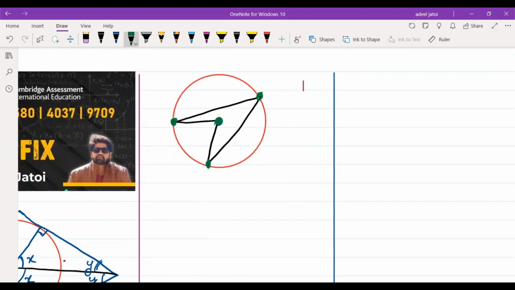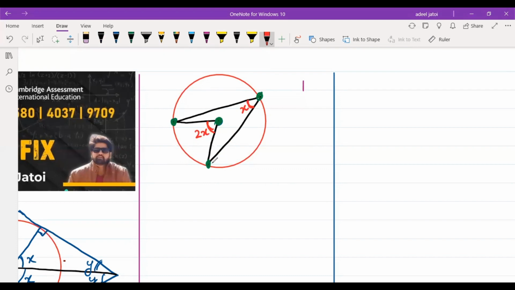Now, knowing this, the lines that meet the center of the circle will be twice. So this angle should be what? Twice. And the line that will meet the circumference will be what? Half of it. Now you need to understand this.